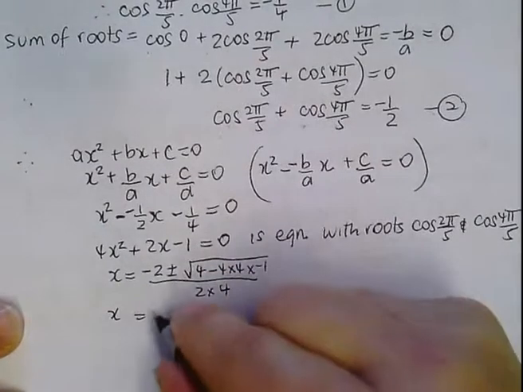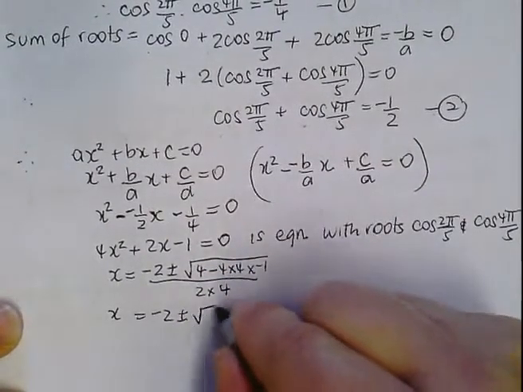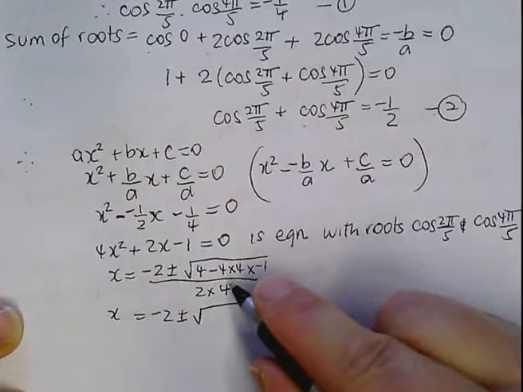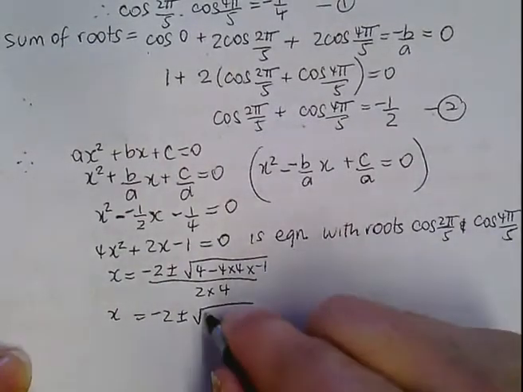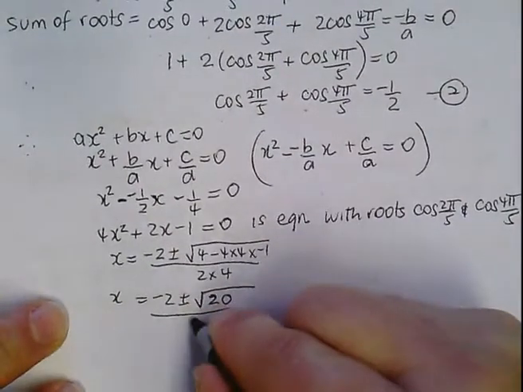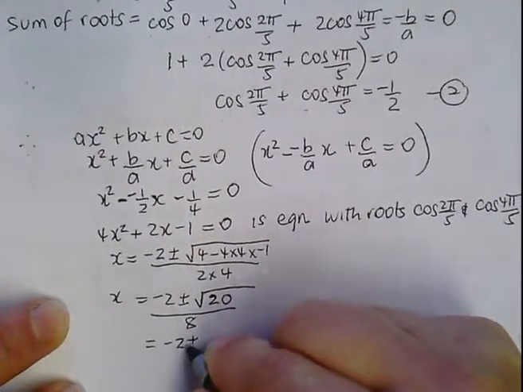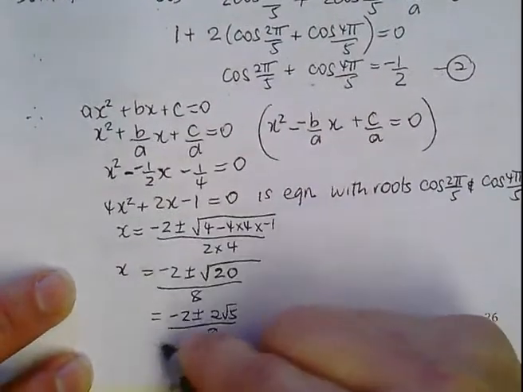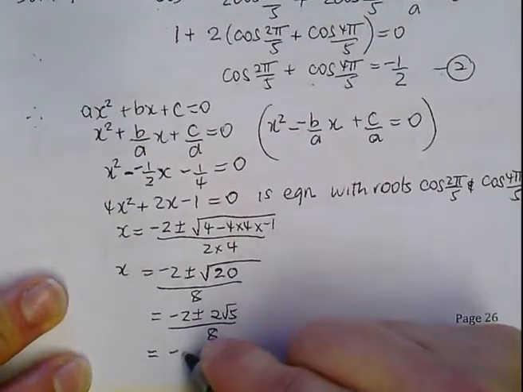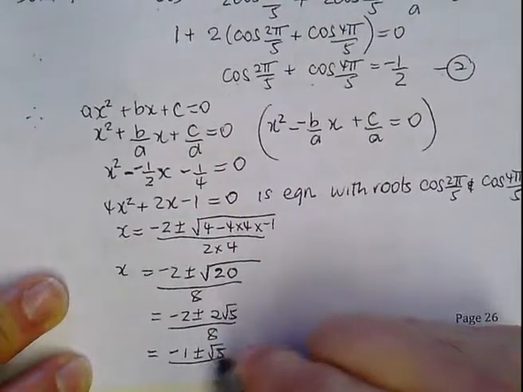So x equals negative 2 plus or minus the square root of 4 plus 16, which is square root of 20, over 8. So it's negative 2 plus or minus 2 root 5 over 8, which, dividing through by 2, is negative 1 plus or minus root 5 on 4.